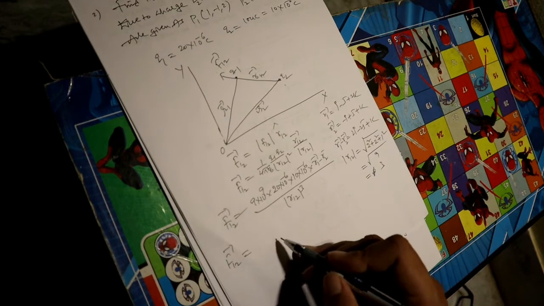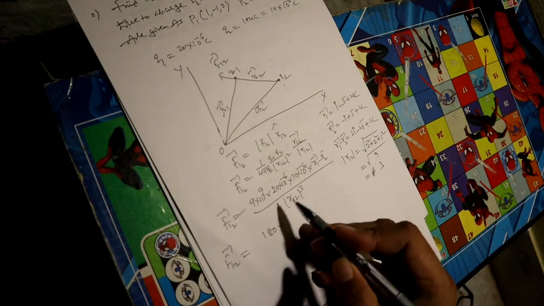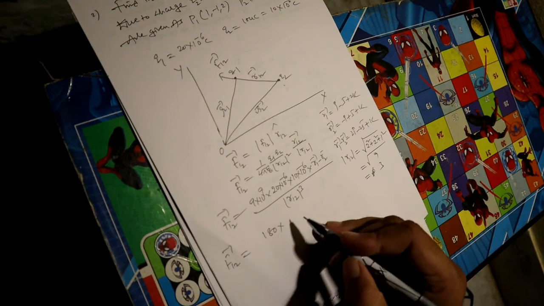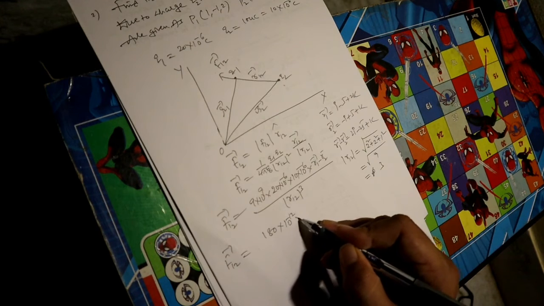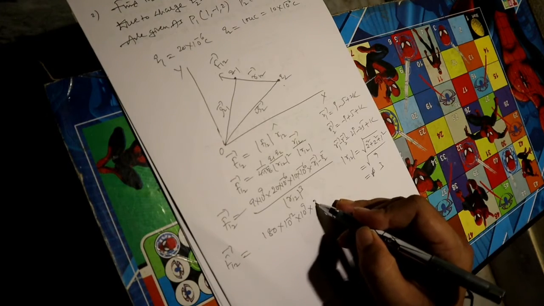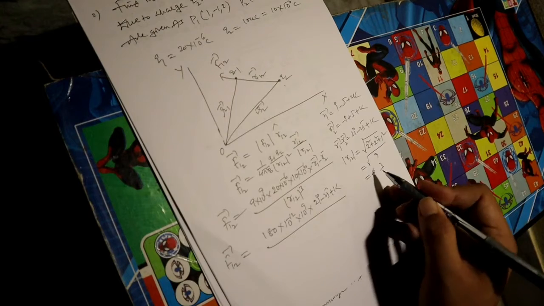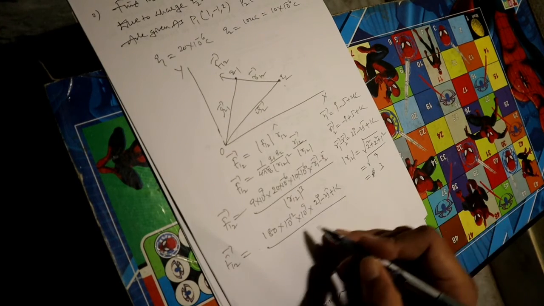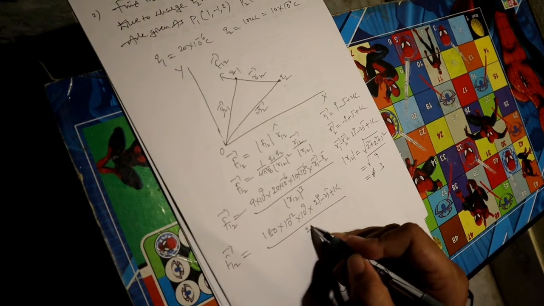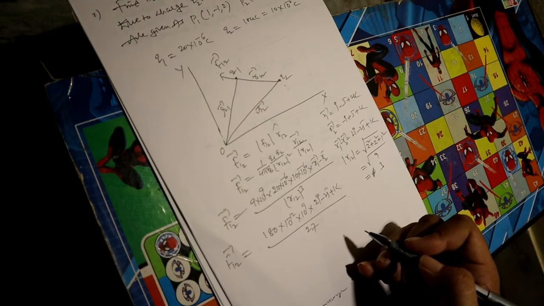So F12 bar is equal to 9 into 20, that means 180, into 10 to the power of minus 6 times 10 to the power of minus 6, that is 10 to the power of minus 12, into 10 to the power of 9, times R1 bar minus R2 bar, that is 2i minus 2j plus k, divided by R12 whole cube, that means 3 cube, that is equal to 27.